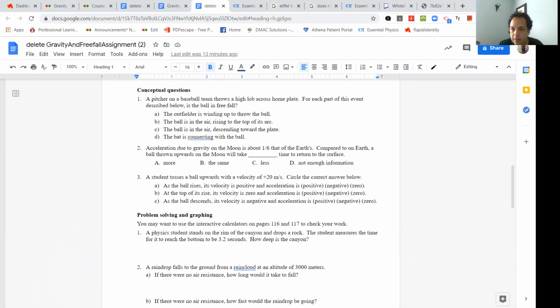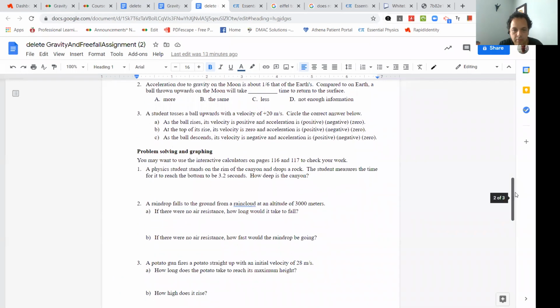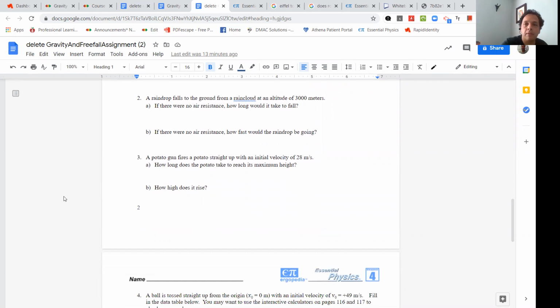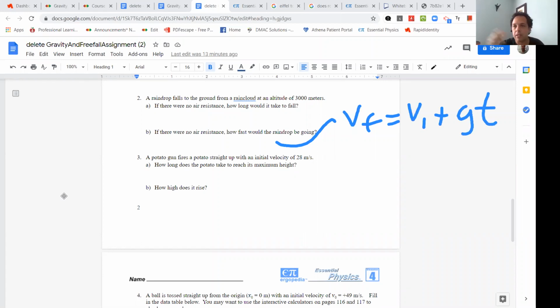Let's look at b. If there were no air resistance, how fast would the raindrop be going? So this is your velocity. Initial velocity is going to be 0.